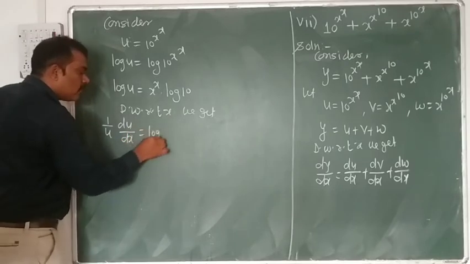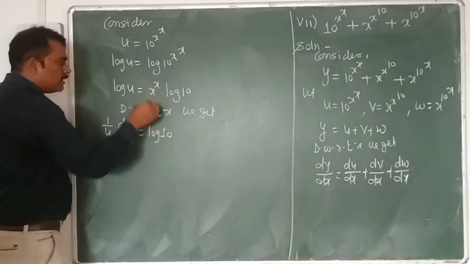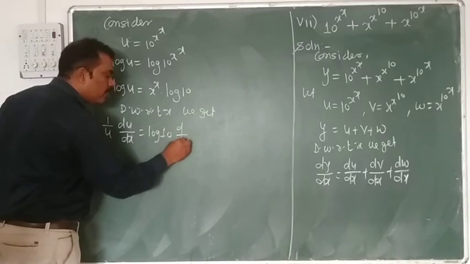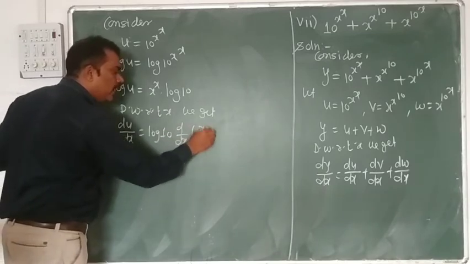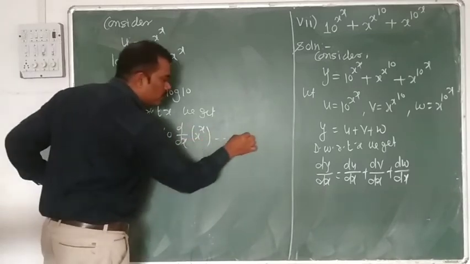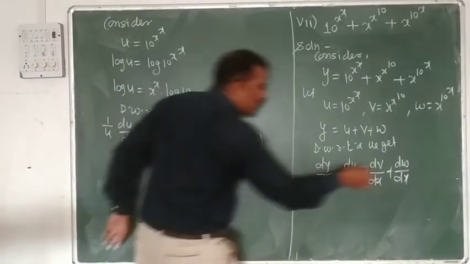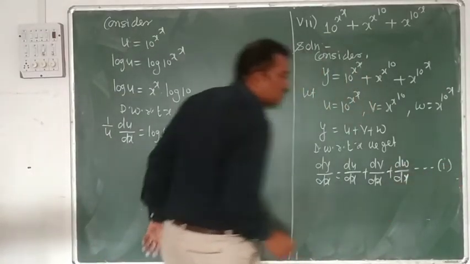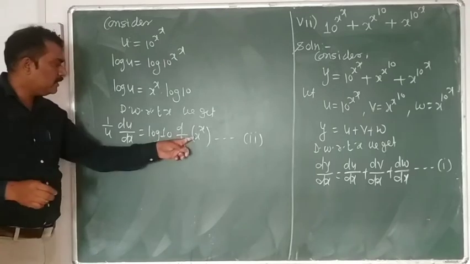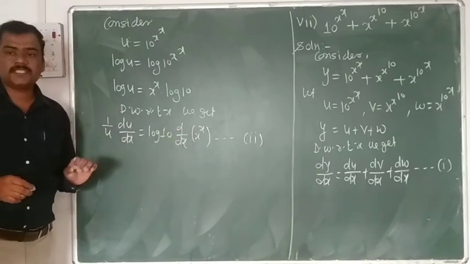Log of 10 is a constant, and we have to differentiate x raised to x, that is d by dx of x raised to x. Suppose we call this number one. First of all, we have to find the differentiation of x raised to x.